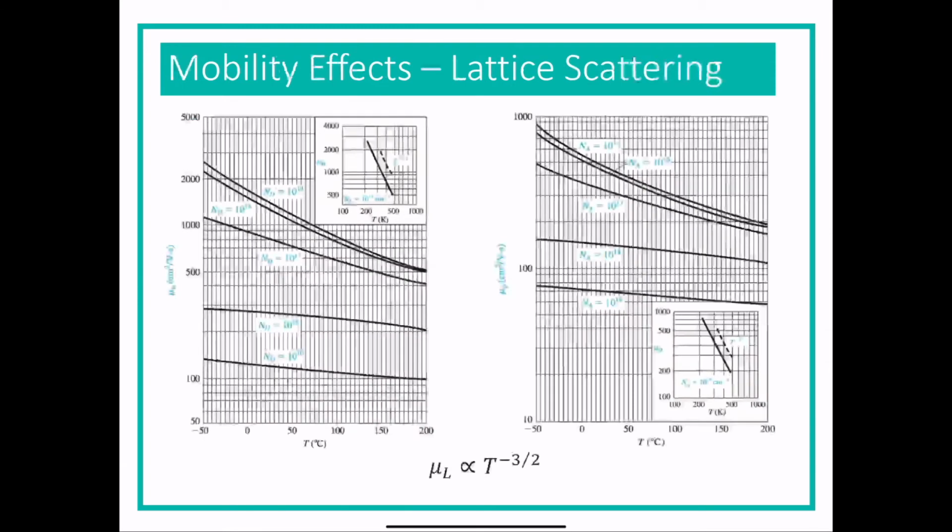On the left is a simple graph of the mobility of electrons depending on concentration. You'll notice that as the temperature goes up, the mobility goes down, and as the concentration goes up, you're moving this way because the highest concentration is on the bottom, and the mobility is also reduced. So increasing temperature makes the mobility go down, and increasing concentration makes the mobility go down.